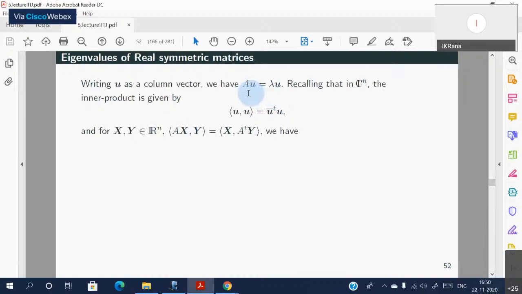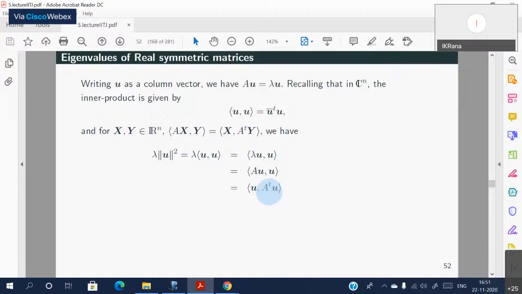If Au equals lambda u, look at the dot product of Ax with y in Rn. We know this is given by taking it on the other side. So lambda norm u squared is equal to, and this lambda you can take inside, Au, and that on the other component goes as A transpose.